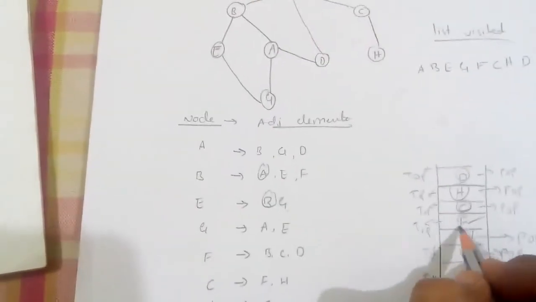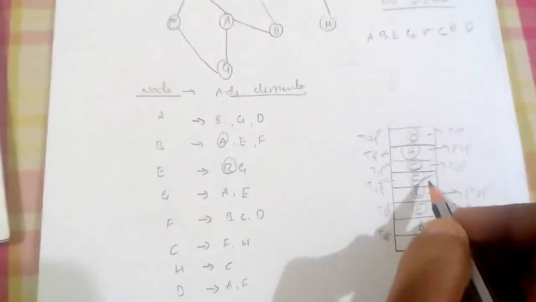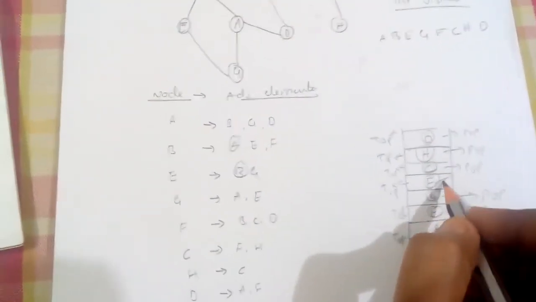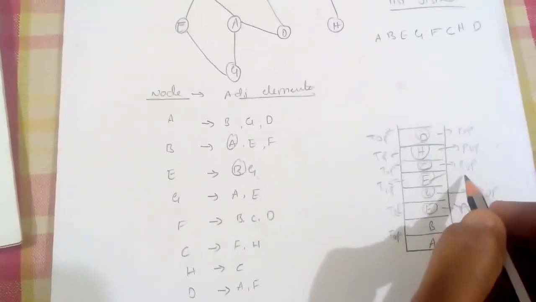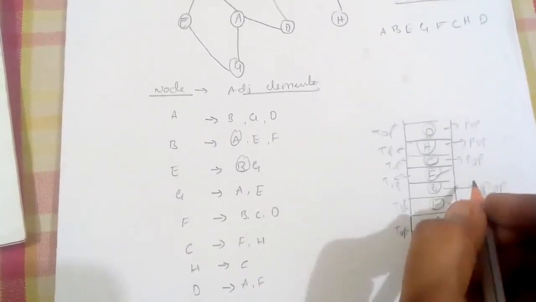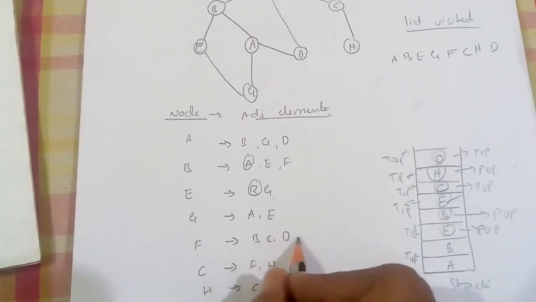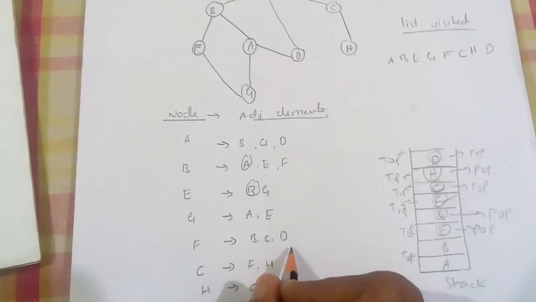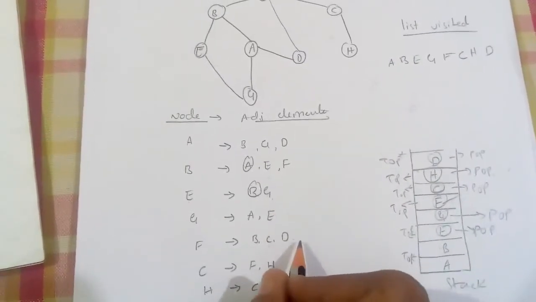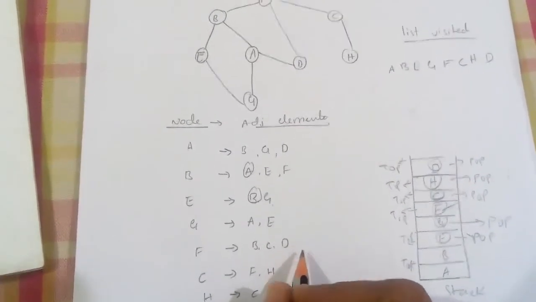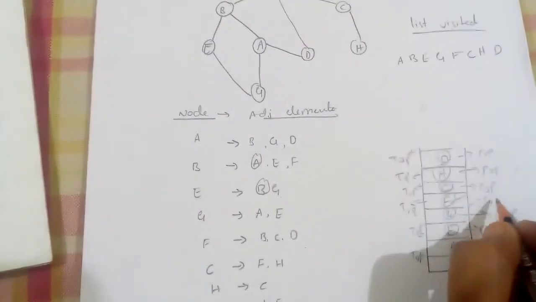Now F is on the top of the stack. All adjacent nodes of F are visited, so F is popped from the stack.